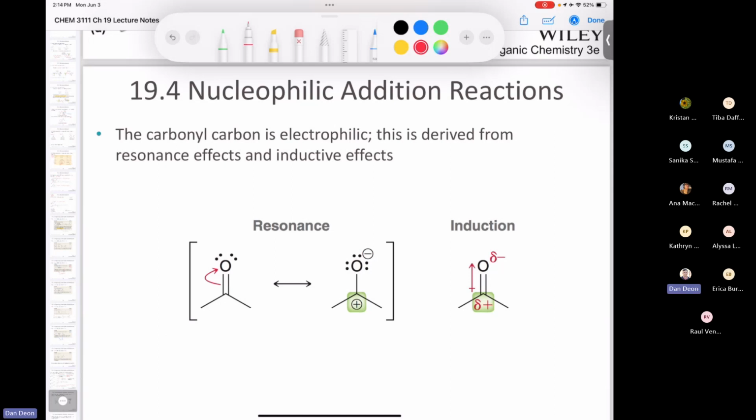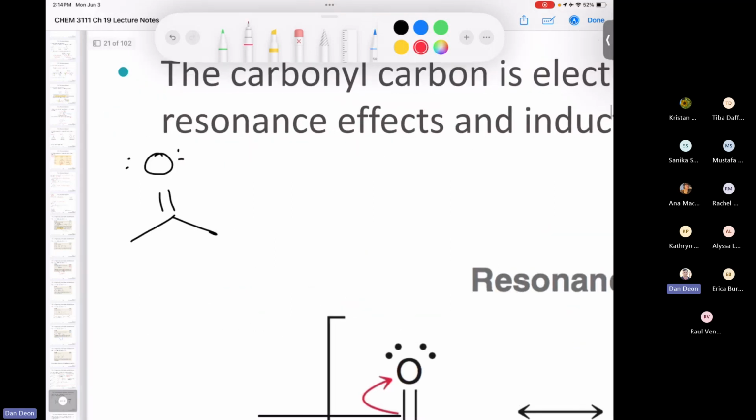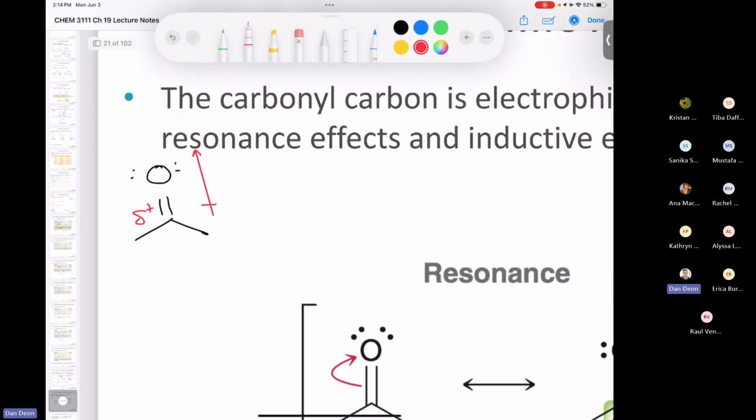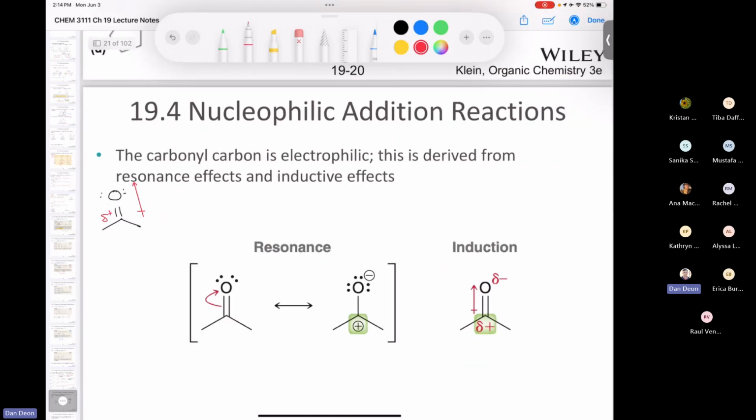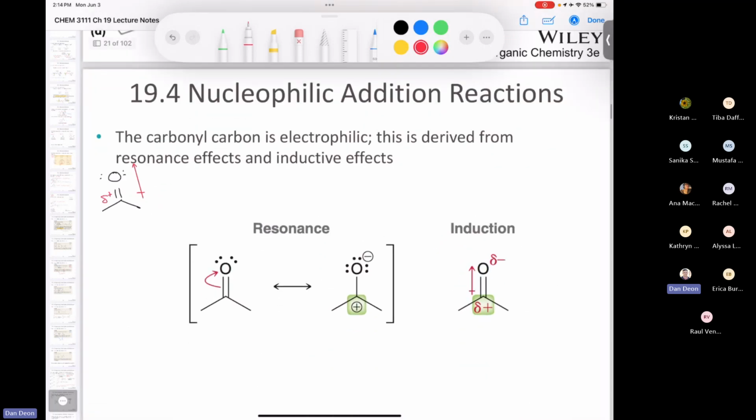So it says here, the carbonyl carbon is electrophilic, right? Whenever you guys see a carbonyl, I hope you just think, well, there's my carbonyl, and I know it's got a strong dipole going this way, which renders the carbon delta positive. So that means a carbonyl carbon is an electrophile. And not only can you see that with the induction, what I just drew, but you can also see that when you draw the resonance forms, right?